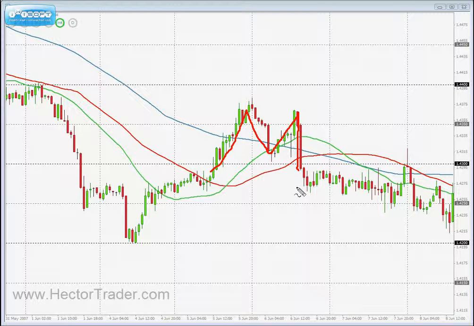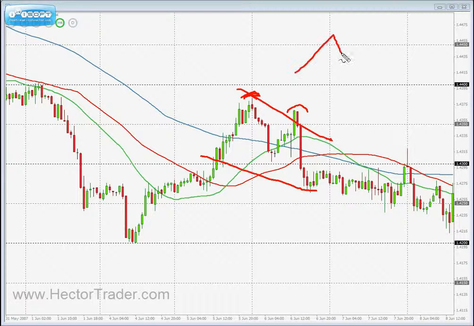So the bearish 1, 2, 3 formation is some sort of an M formation with the second half of the M not quite reaching the previous swing high, the first half of the M formation. It's basically a leaning M.